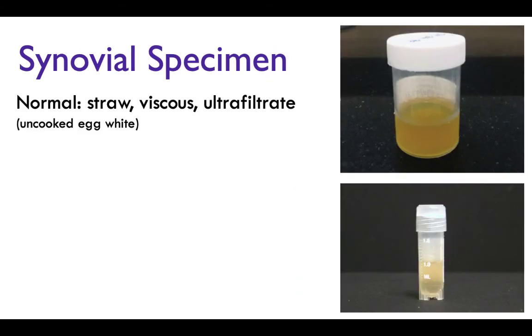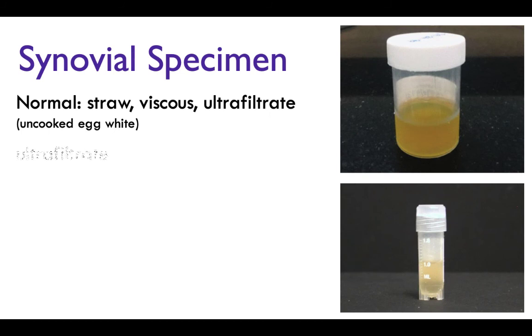Typically, the synovial specimen is a straw-colored, viscous ultrafiltrate. You can sort of see the bottom is more accurate for a normal specimen, and the top is something that is off about it. It's way darker. It's kind of got a strange color to it. They would say that a normal synovial specimen is kind of like an uncooked egg white.